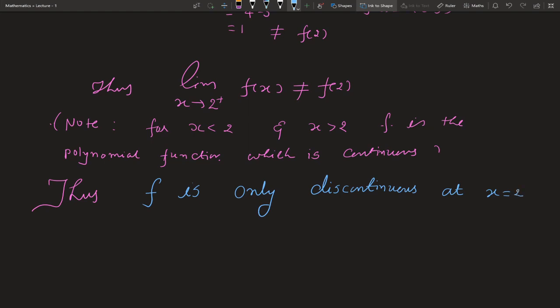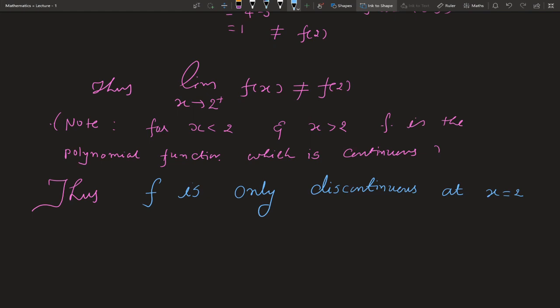So you can say that f is only discontinuous at x equal to 2, or if the question is find all points of discontinuity, then x equal to 2 is the point of discontinuity.